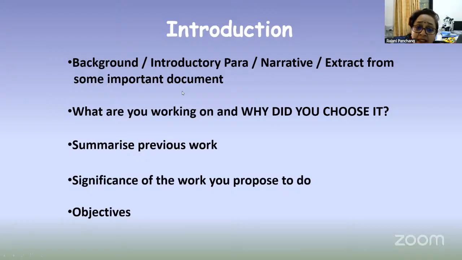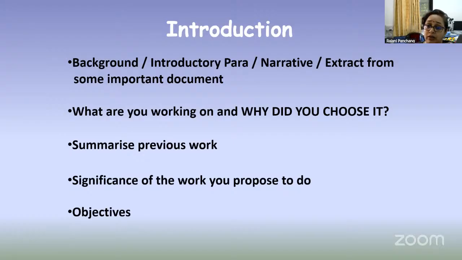After having said this, you should be able to say what you are working on and why you chose it. I think I already told you why. Summarize the previous work. The previous literature could be 5, it could be 100, it could be 200 papers. You are supposed to summarize it. Okay, maybe in my next slide I may have it, I'll just show you. What is the significance of the work that you propose to do?